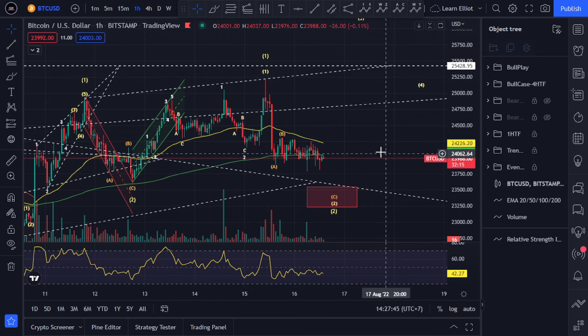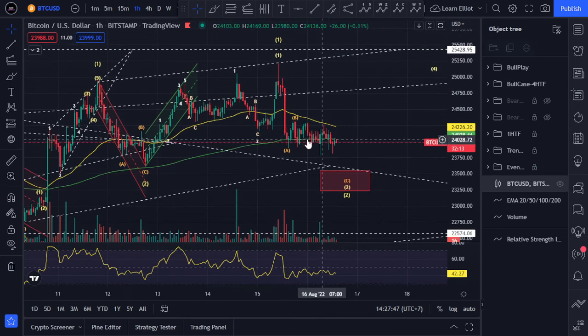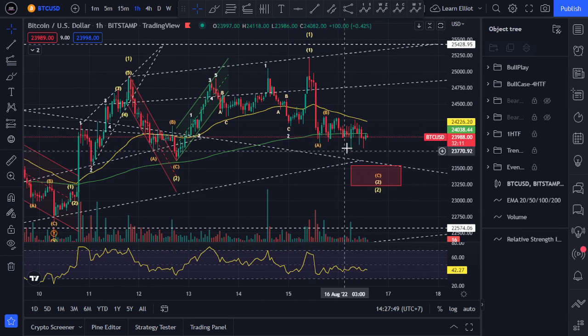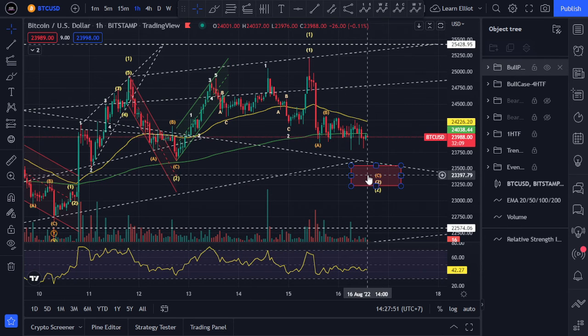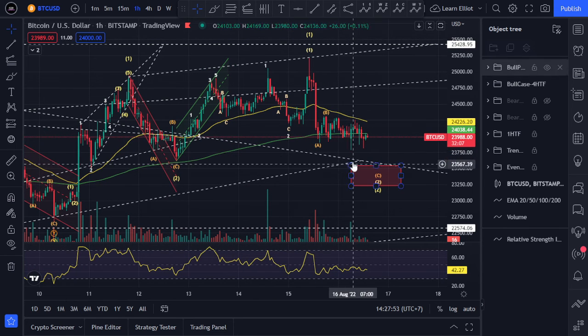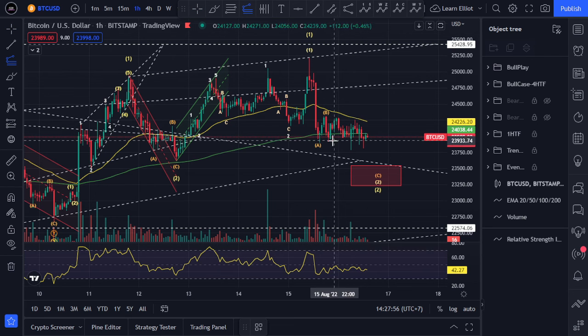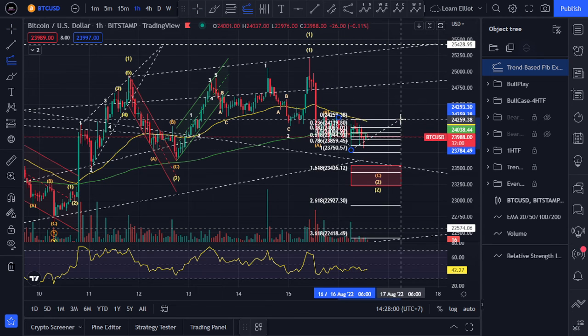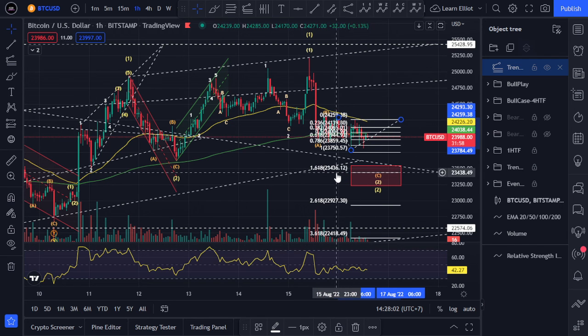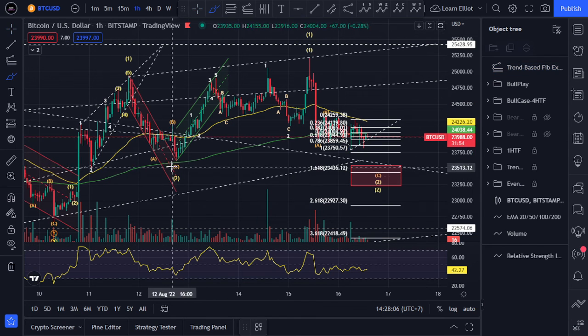Right now I'm still expecting the price to move a little bit farther, to maybe around the 1.618 Fibonacci retracement from this trend line here, around 23,400 maybe, and it is also making a new low from this low.